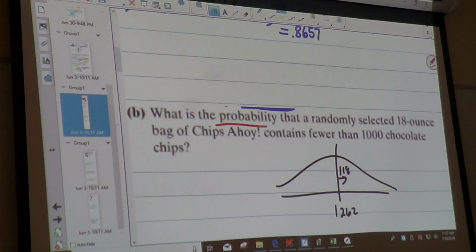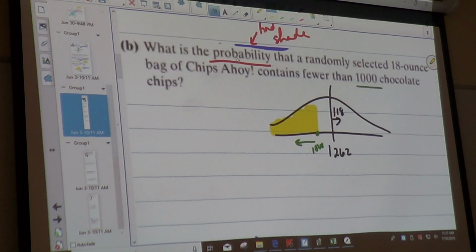Because we're doing probability again, that means we're finding shade. We're finding the shade, which means we're going to do what?